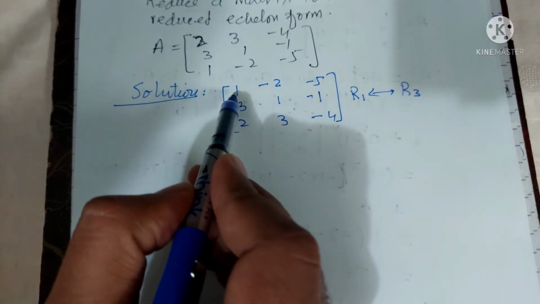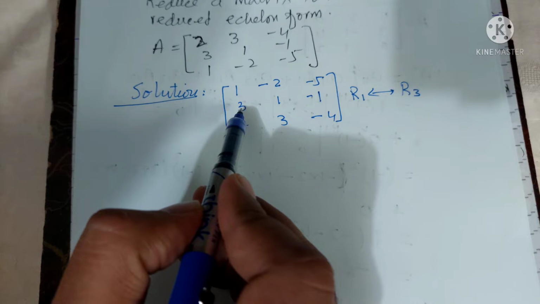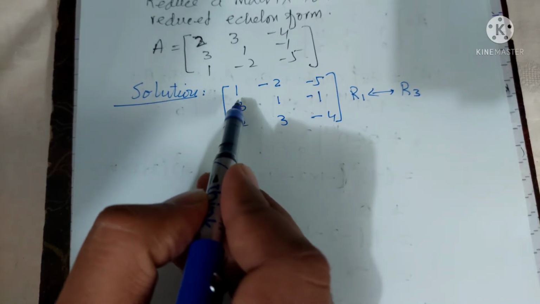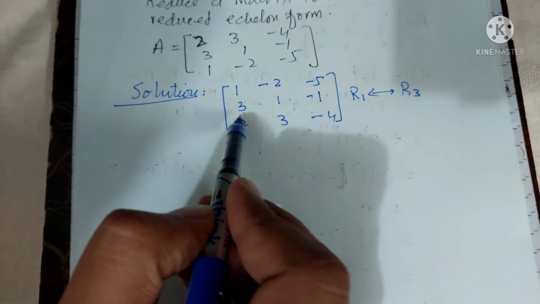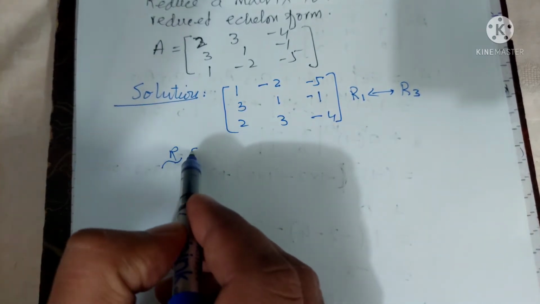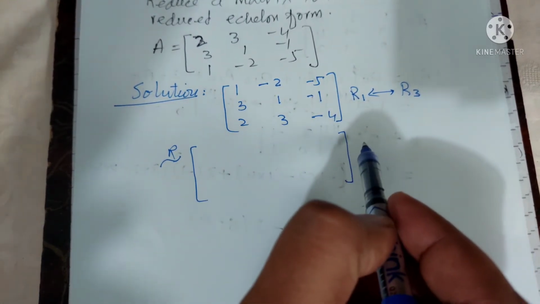Now we can use that one at the top to convert the two elements in the first column into zeros, right? So how can we do it? We can write like this.